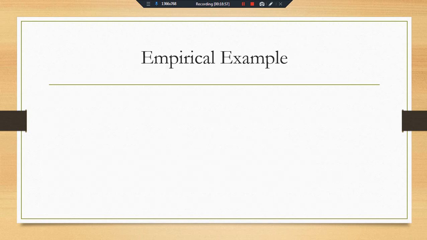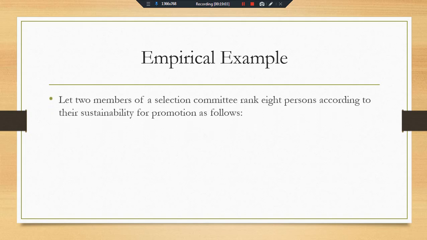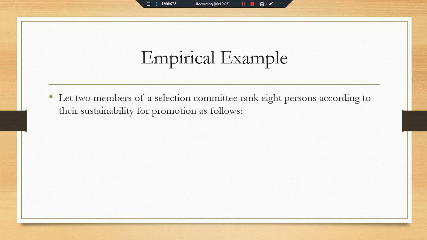So let's see the empirical example for rank order correlation in the presence of some ties. We have two members of a selection committee who rank 8 persons according to their suitability for promotion as follows.